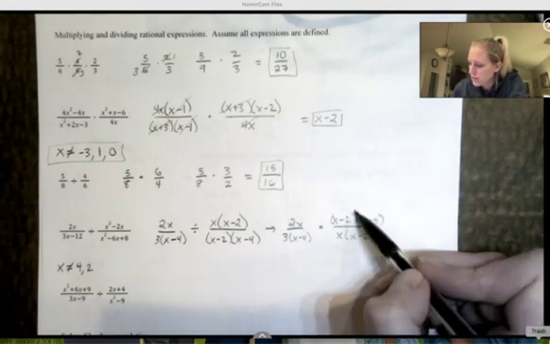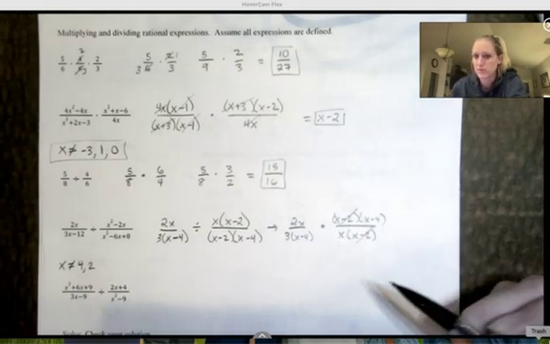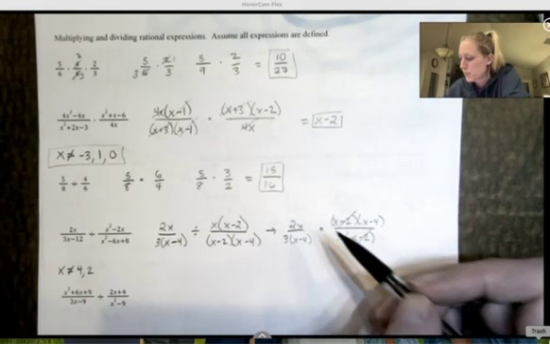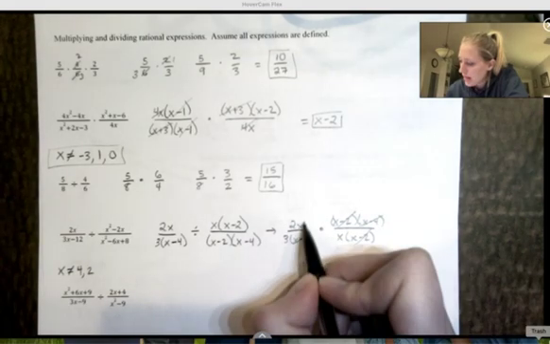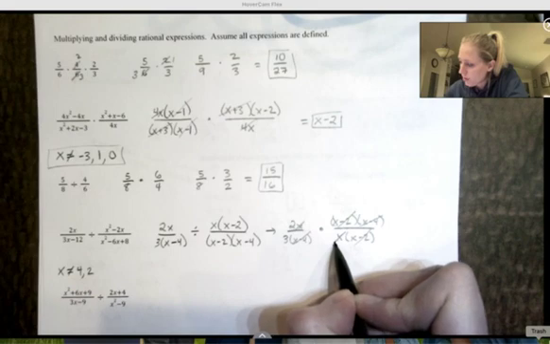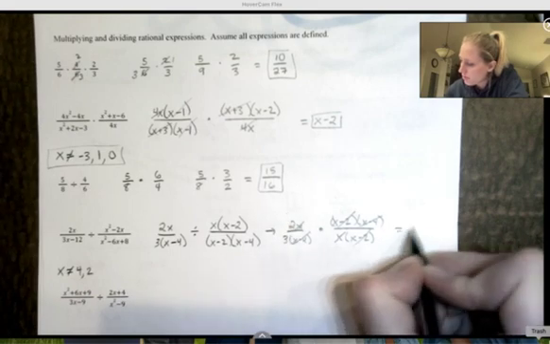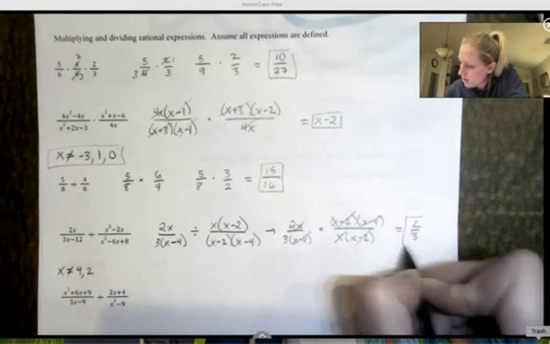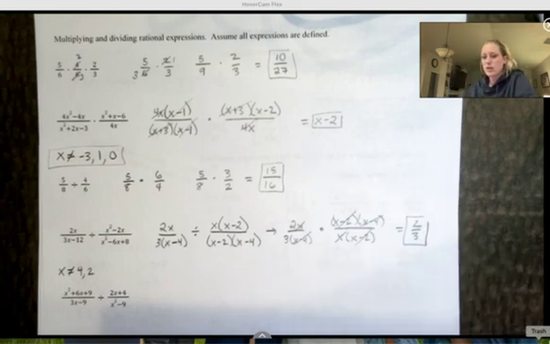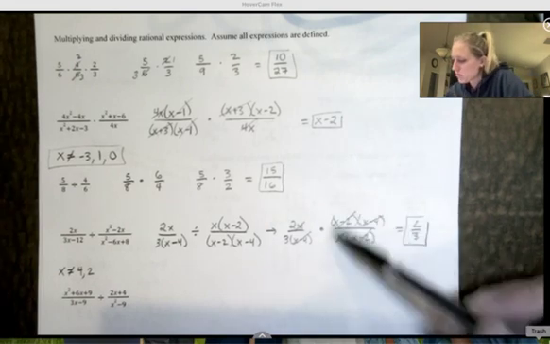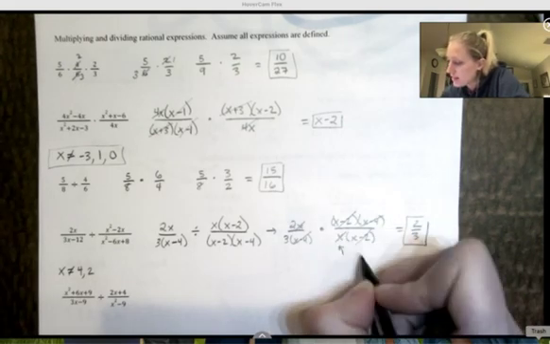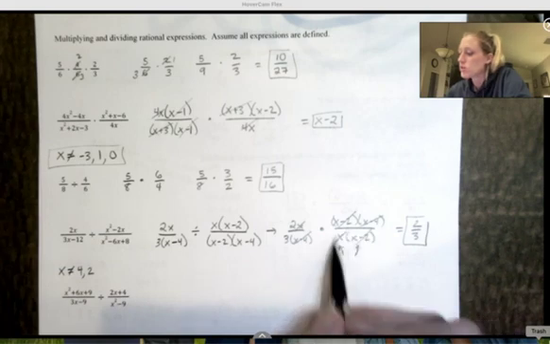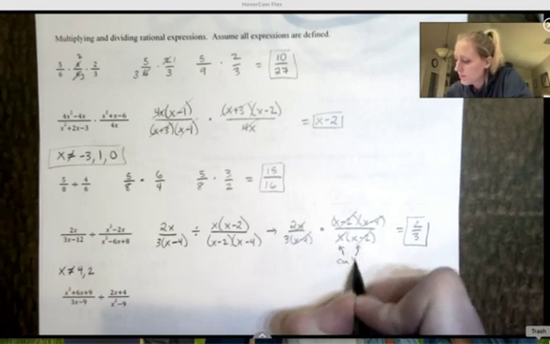So within this fraction, I see my x minus 2s are in the same fraction. We can do some cross simplifying, x minus 4s, x with x. So all I have left here is 2/3. Okay, now here's something else that I need to know. When I flipped this fraction, I got some new things in the denominator. I got this and this in the denominator. So I also cannot be 0.